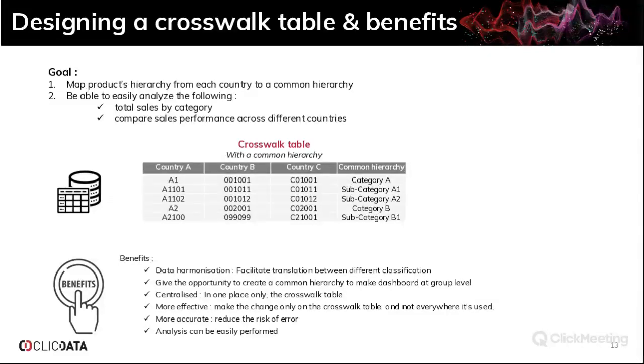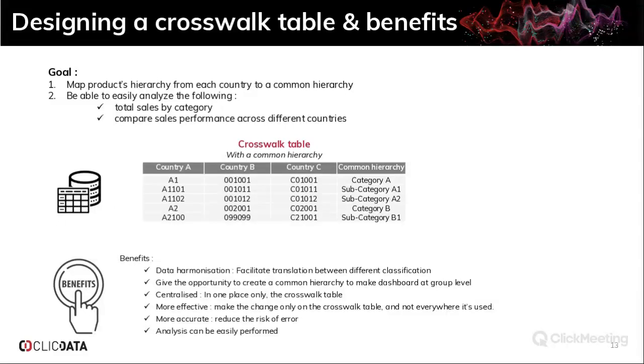We will do the match for each level of the hierarchy between all the different countries. So it will be a table like this, and at the end, you will see the common hierarchy that will be used to make the analysis. This one will be used on the dashboards.